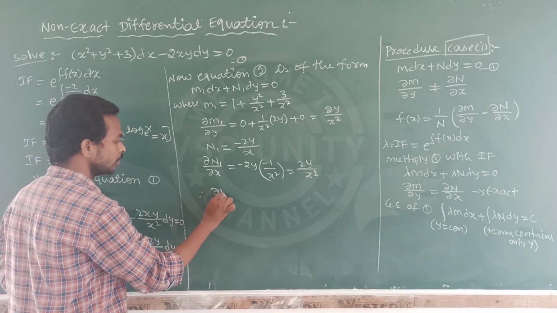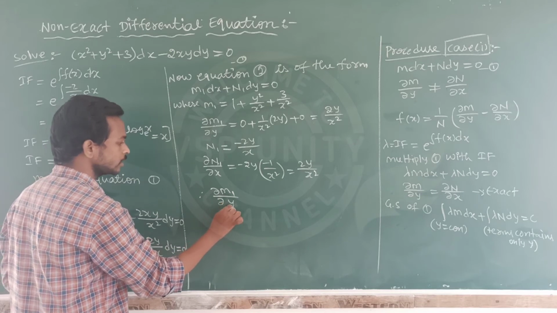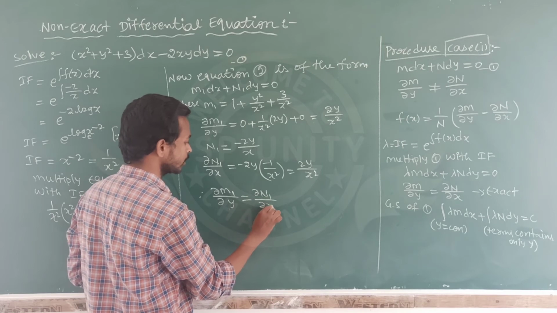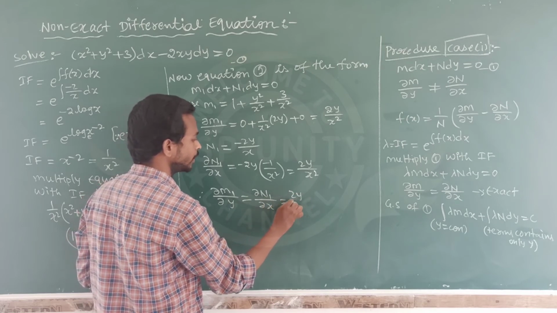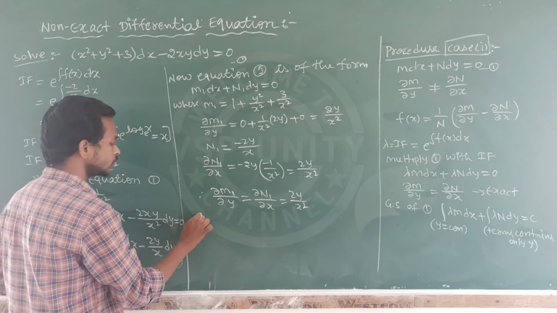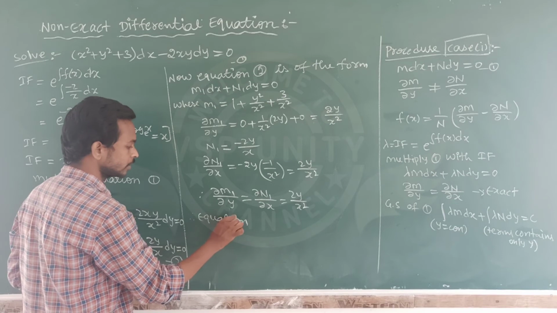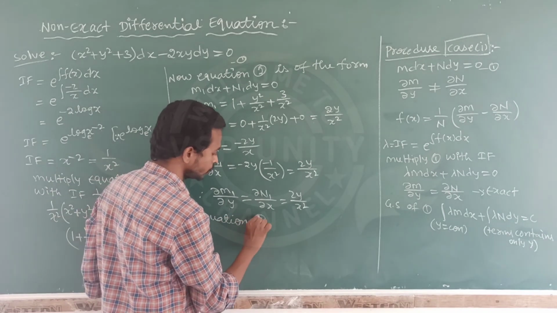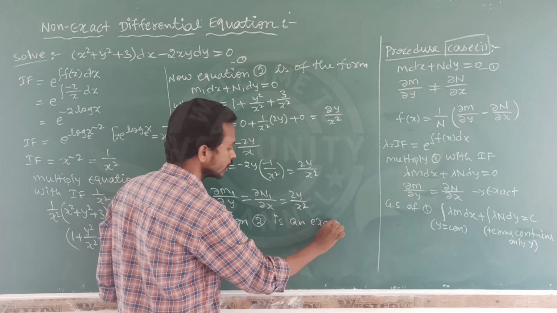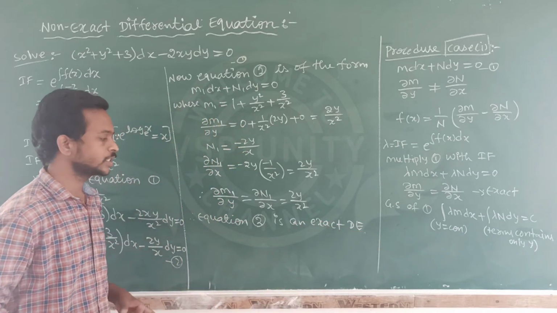Therefore, dou M1 by dou y is equal to dou N1 by dou x, that equals 2y by x square. Therefore, equation 2 is an exact differential equation.